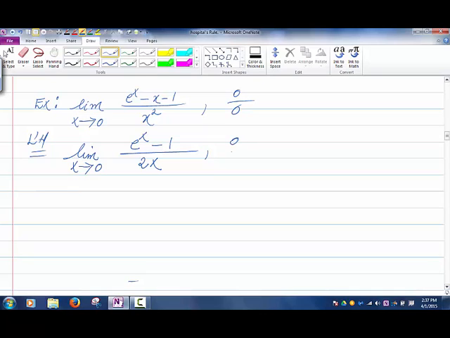Yeah, it's still 0 over 0, so I can apply L'Hopital's rule one more time. The limit as x goes to 0, and now what's the derivative? e to the x divided by 2. If I take the derivatives, and then what's the limit form now? e to the 0 over 2, which means I get half.